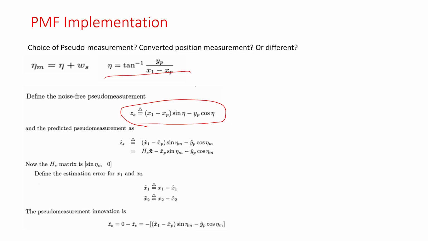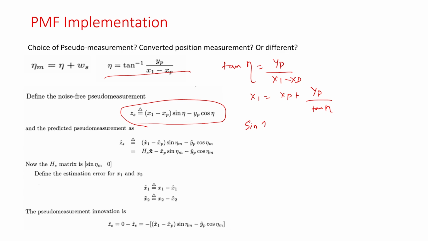How to do that? Here you see a tan inverse function is there, which is definitely a non-linear function. So, with this non-linear function now I will be changing it. I am doing it like this. Tan of eta equals yp divided by x1 minus xp. Now, I can write x1 equal to xp plus yp by tan of eta. I can write it very easily, not a problem, but I will do it in a different way.